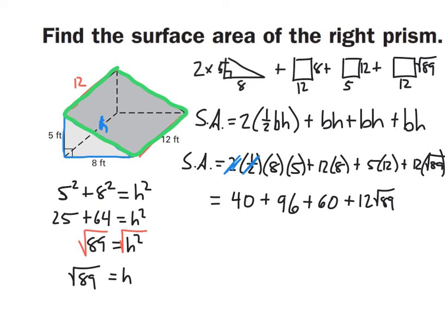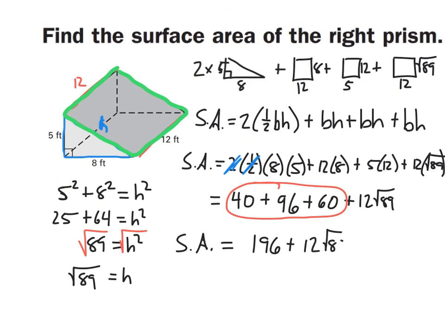I cannot simplify everything, but I can add those 3 numbers together. Remember, I can't add the 12 to the rest because I have to first multiply by the square root of 89. Okay? Multiplication comes before addition. But I can add those 3 numbers together. All right, so our surface area is 196 plus 12 square root of 89 square feet.